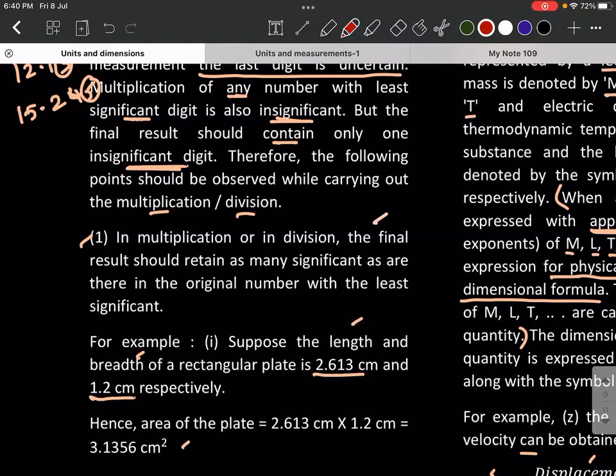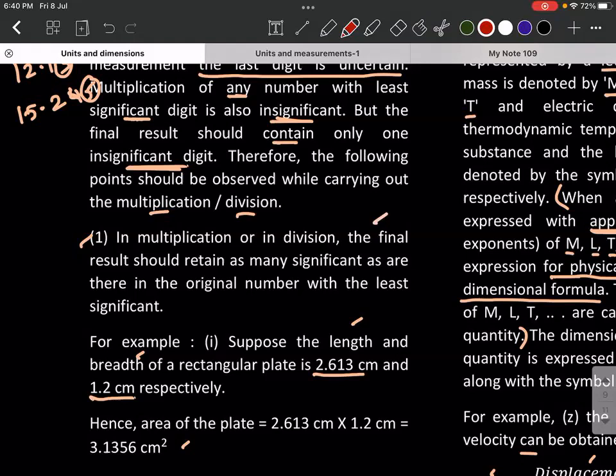In multiplication or division, the final result, that is 3.1356, should retain as many significant figures as are there in the original number with the least significant values. Out of 2.613 and 1.2, which has the least significant figures? 1.2. So you should round off this 3.1356 to one decimal value. When you round it off to one decimal value, will the answer be 3.1 or 3.2?